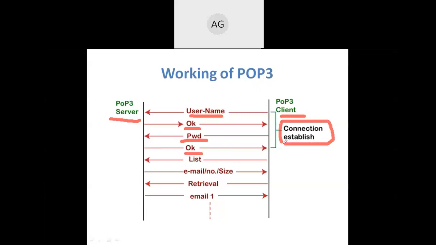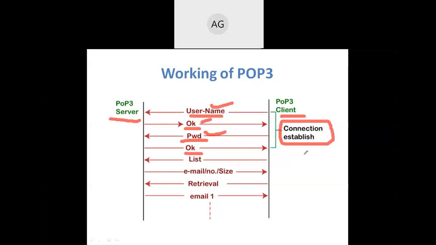This work is done by us when we are using email. First, we need to write the username. So basically, the server wants our username. If it is okay, then it wants the password, and if both are okay, after that the channel is established, and we can see our email inbox.